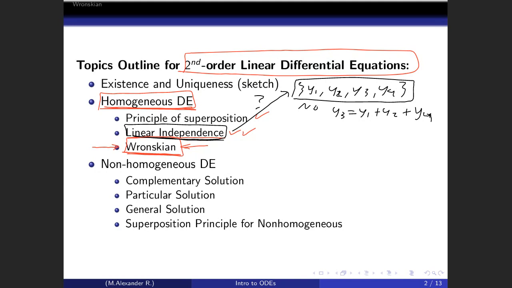Then we had a second example, and let me put that in gray. This time we only had 3 functions, y1, y2, y3. And the question was still the same. Is this collection of 3 functions linearly independent? And we said that the answer to that was no. And then separately for the last example, I don't want to go into the details, but we only have y1 and y2, and the question was still the same.